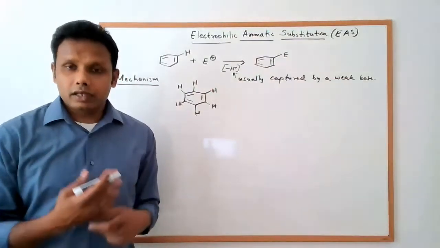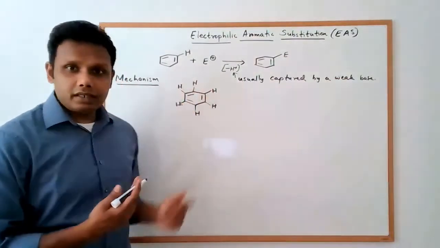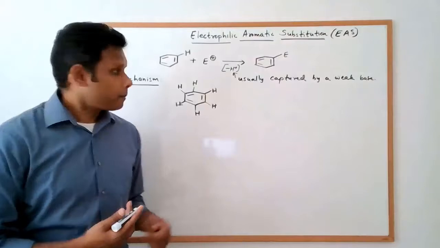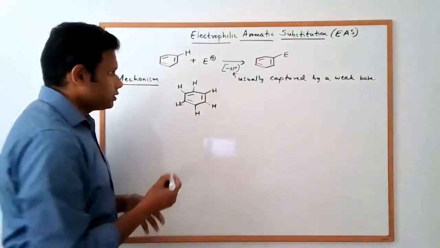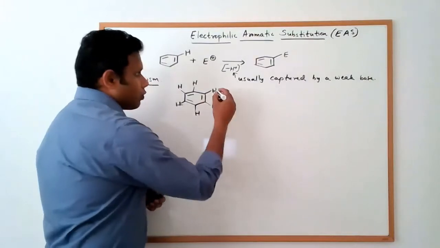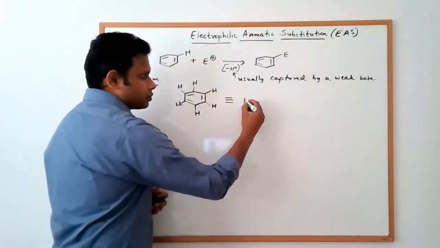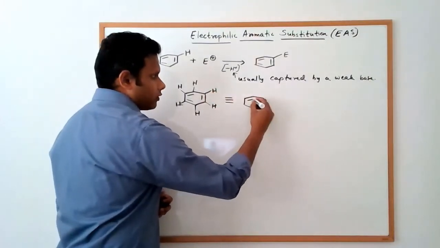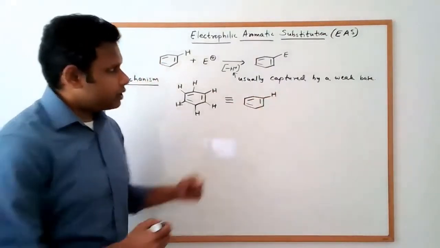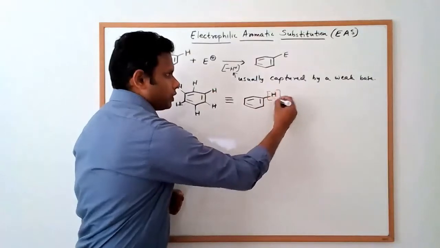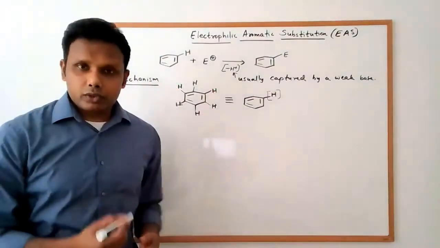These are all equivalent because benzene is a symmetric molecule. So any of these hydrogens can be used in this reaction. We're just going to use one of these hydrogen atoms, so that's why we're writing out one of the hydrogen atoms like that, so that we can focus on it and move on with the reaction.